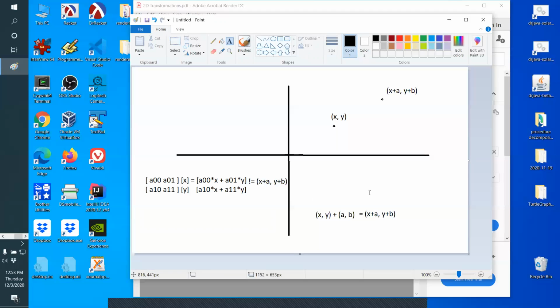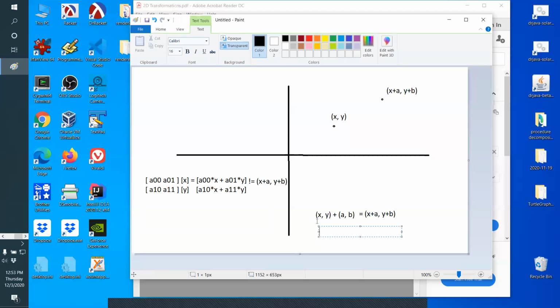It's got a name. Translation is called an affine operation. Translation is not linear, it's affine.